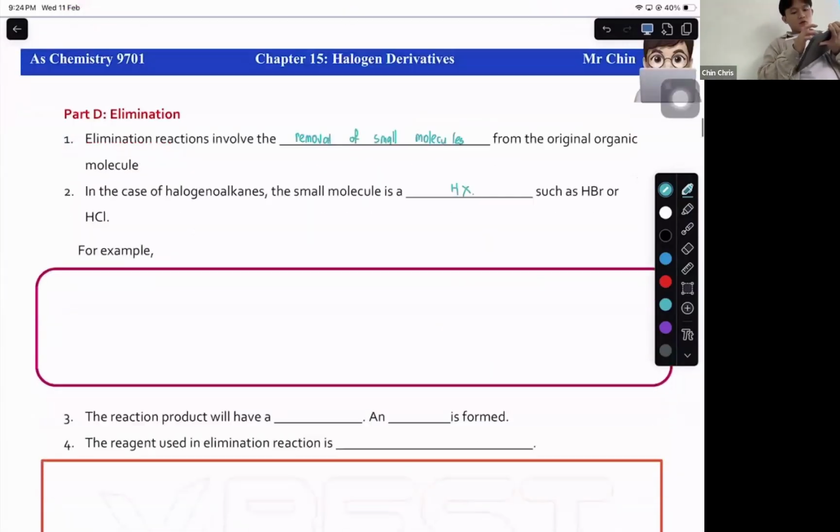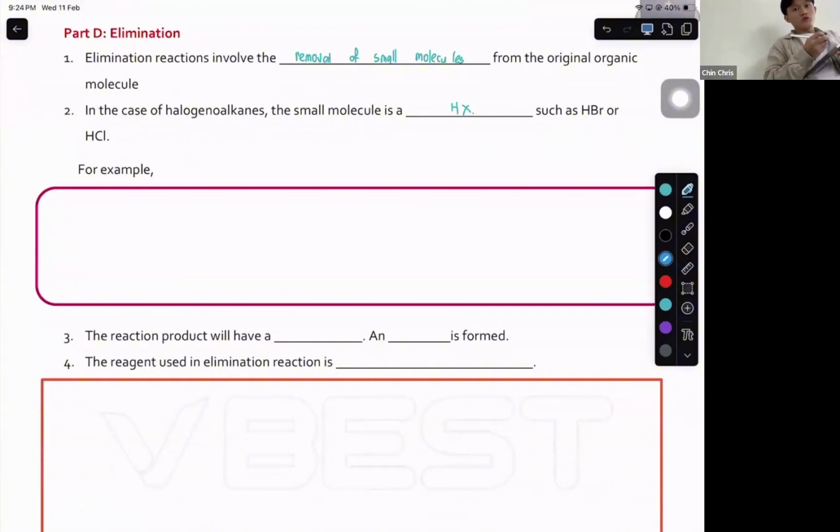I'm going to give you a structural formula for you to visualize better.